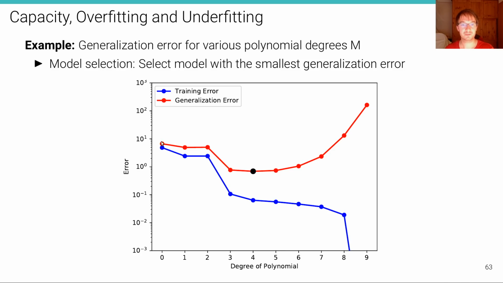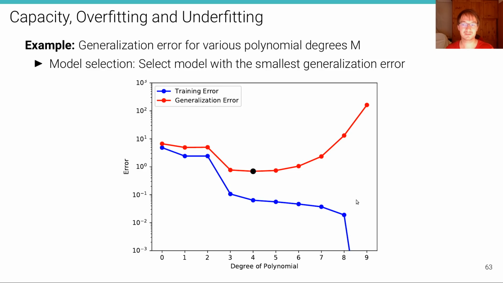However, while the generalization or the test error in the beginning decreases, after some degree it starts increasing again. And this is exactly what happens when we start overfitting, right? So the training error goes down, and the test error goes up.